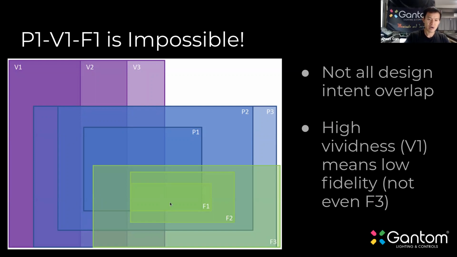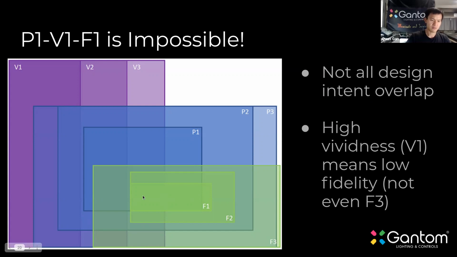So the different requirements for preference, fidelity, and vividness rating slightly overlap in certain areas, and some are impossible to overlap. So for example, a P1, V1, F1 rating is actually impossible to hit, because if something has a high amount of vividness, then it necessarily means it's not going to be high fidelity, because it means it's distorted the color.